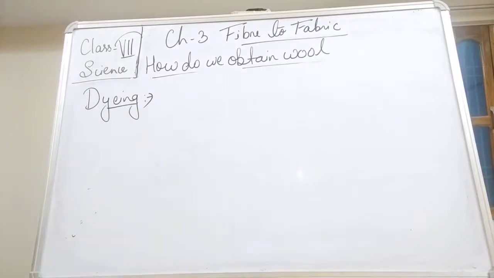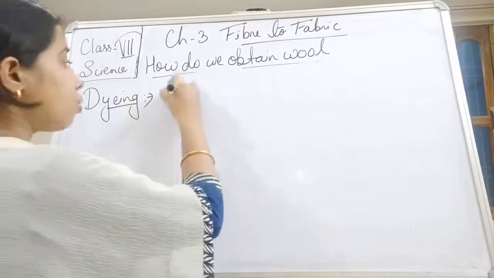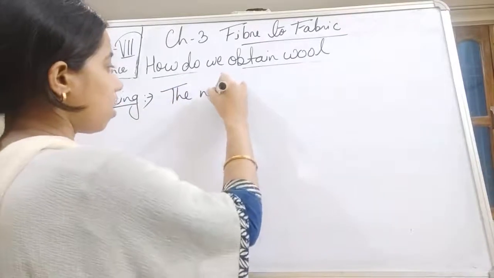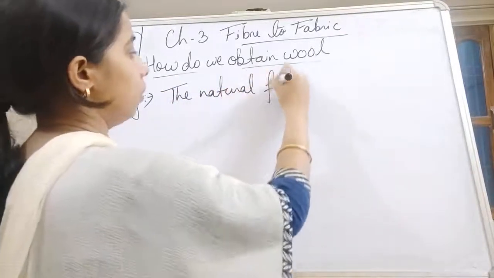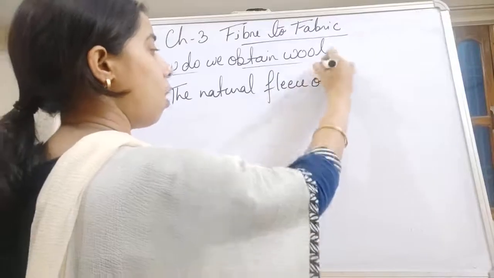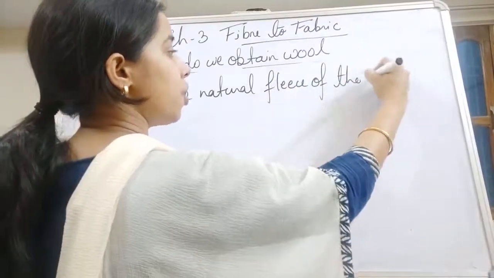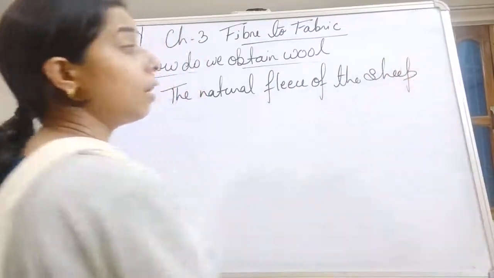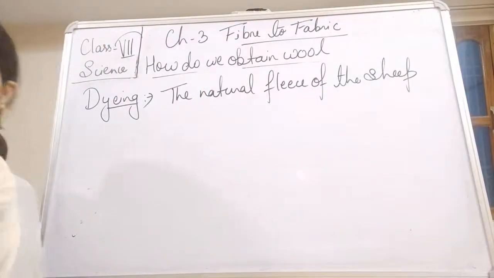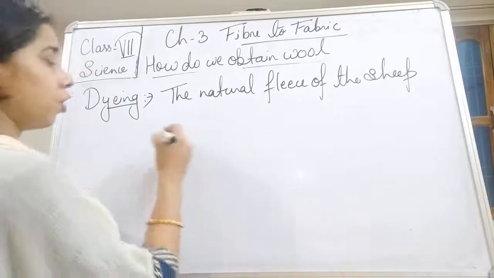So the natural fleece of the sheep is basically creamy white or black in color.